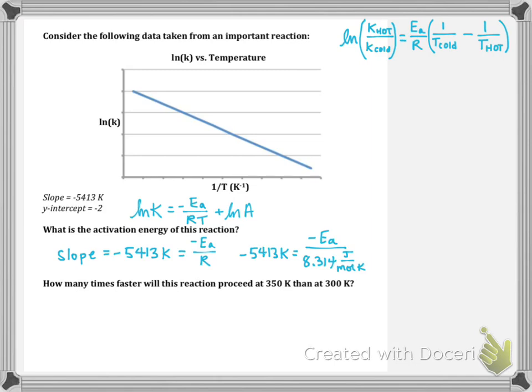And then we can multiply the 8.314 over, and we get that our activation energy is 45000 joules per mole. And if you prefer, you can call that 45 kilojoules per mole. Okay, so not too bad if you keep track of what the slope and intercept mean.